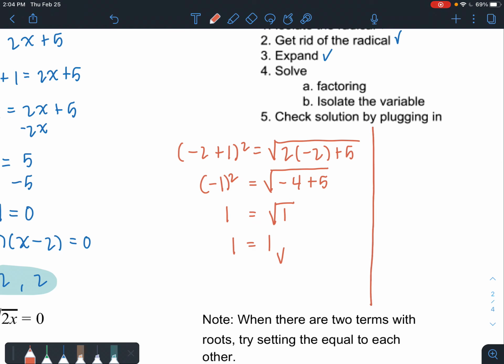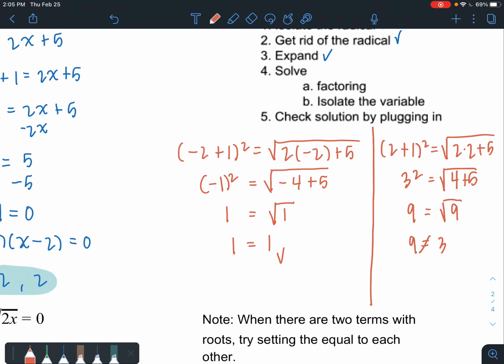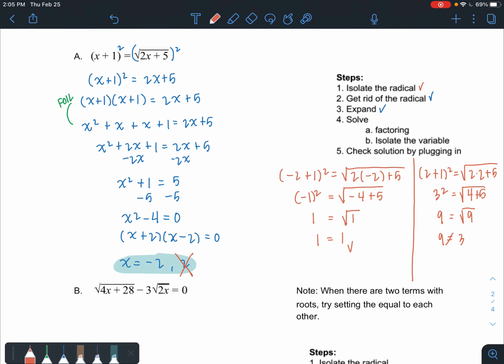Let's check the other one, positive 2. I have 2 plus 1 equals the square root of 2 times 2 plus 5. So we have 3 equals the square root of 9. 3 is not equal to 9, so positive 2 is not a solution.